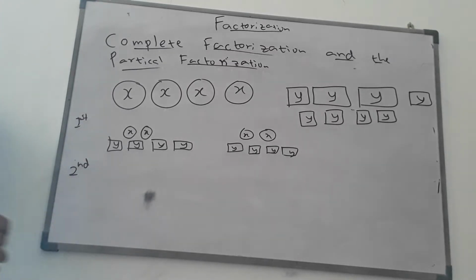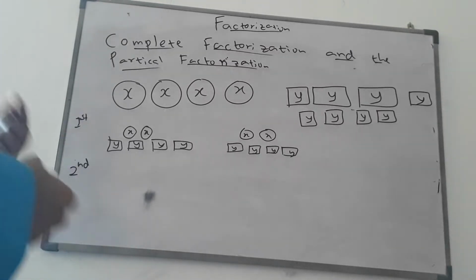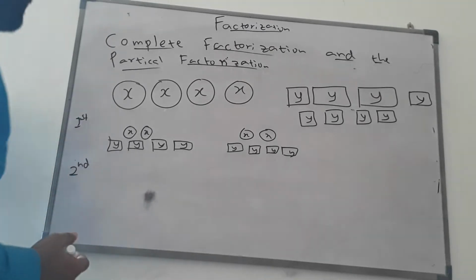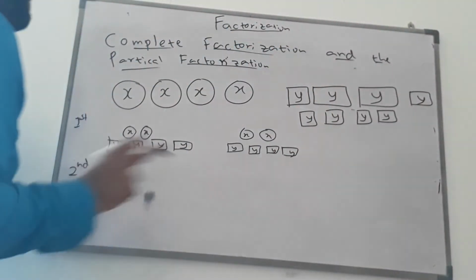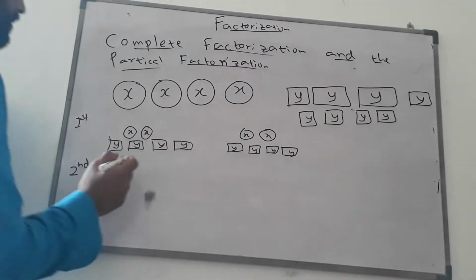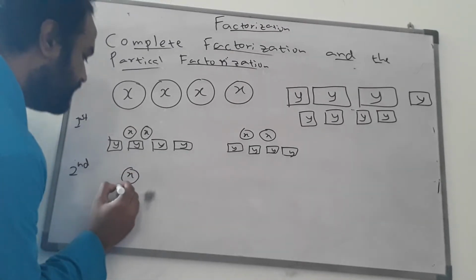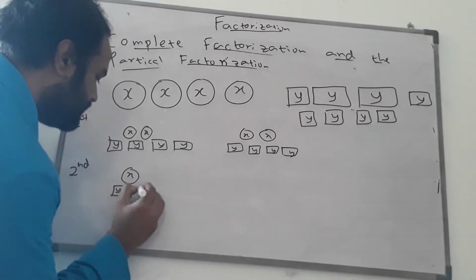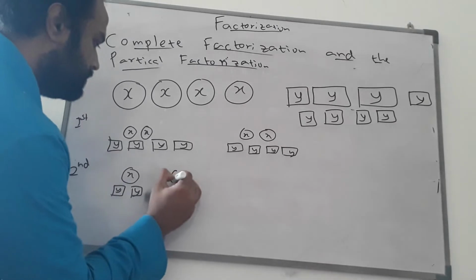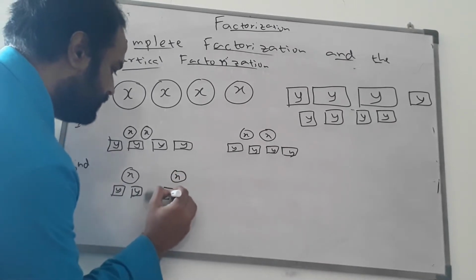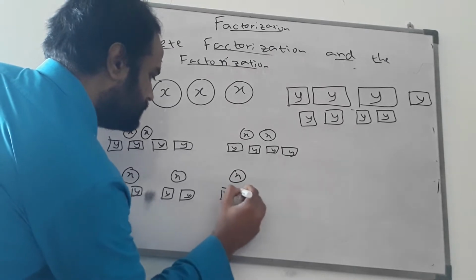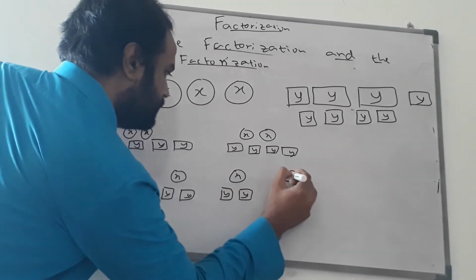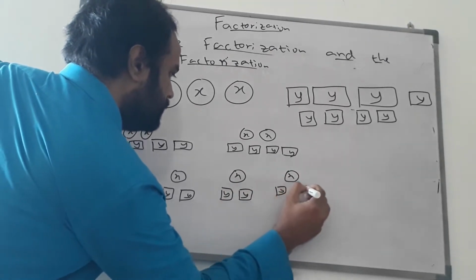Second case is we can divide these two types of coins into four parts. Okay, four groups, like 1x and 2y's.